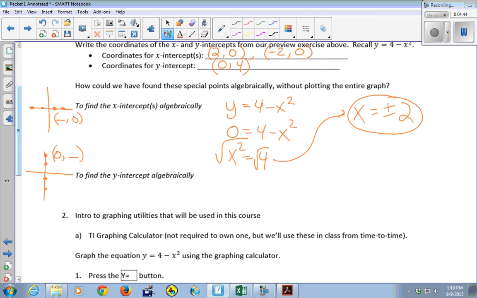So in your equation, you make the x 0. So you do y equals 4 minus 0 squared. So y equals 4. And there's my y-intercept. Does that make sense? All right.